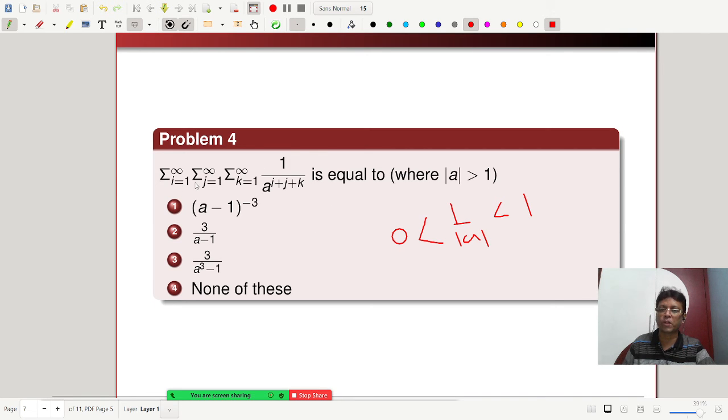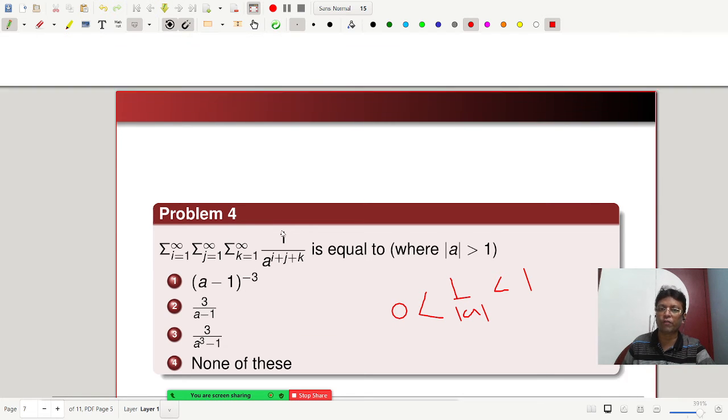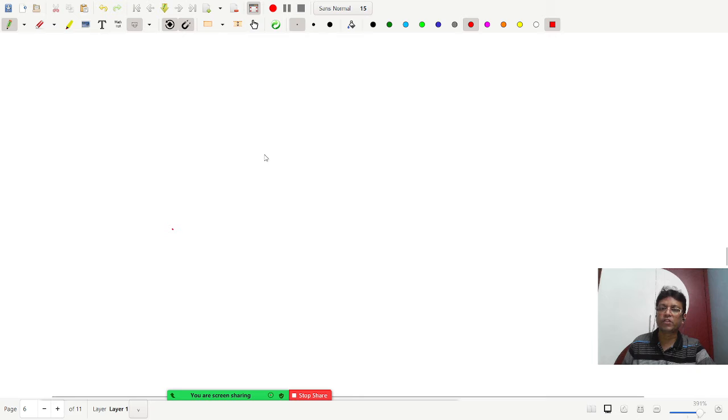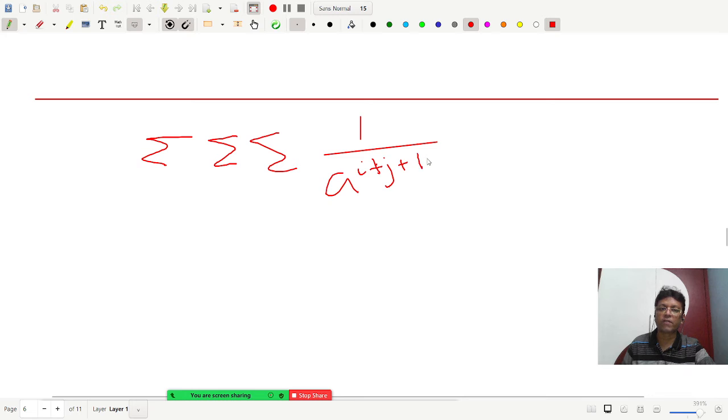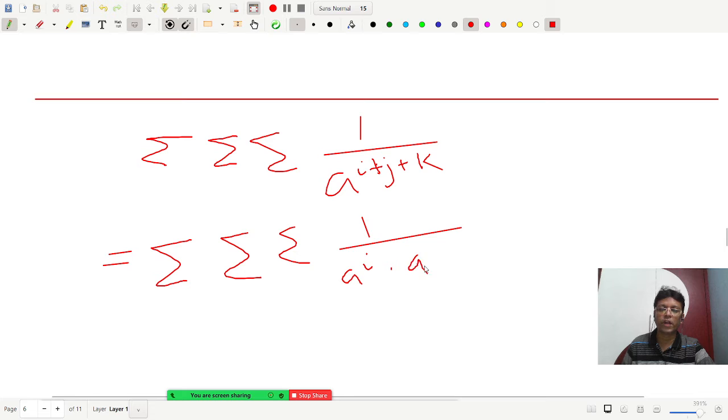So I'm writing this expression: summation i equal to 1 to infinity, summation j equal to 1 to infinity, summation k equal to 1 to infinity, 1 over a to the power i plus j plus k. Using indices, it can be written as 1 over a to the power i, into a to the power j, into a to the power k.